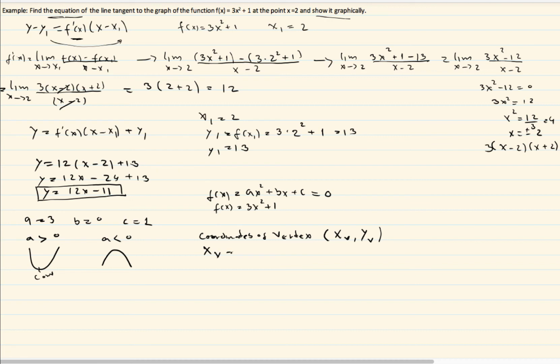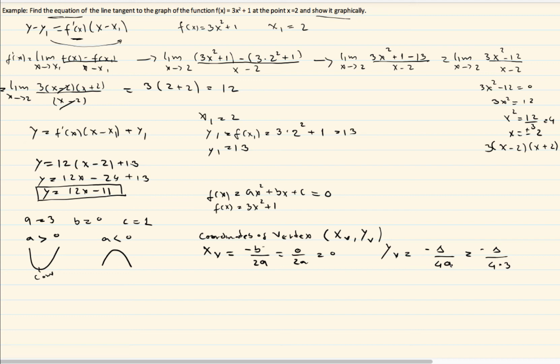X vertex is equal to minus b divided by 2a. Our b is 0, so this is 0 divided by 2a, which is 0. Our y vertex is equal to minus delta divided by 4a, so this is minus delta divided by 4 times 3.